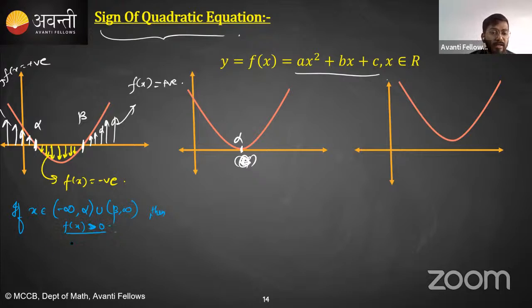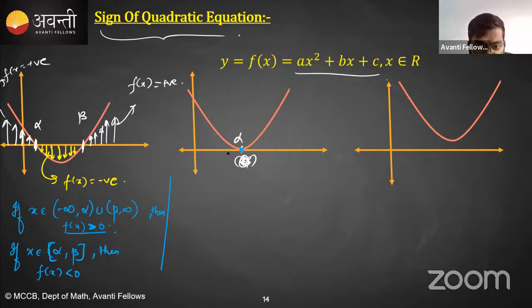And if x is an element of alpha to beta, then f of x is less than 0, correct? And similarly for this one, you can see that the graph is never going below the x-axis.